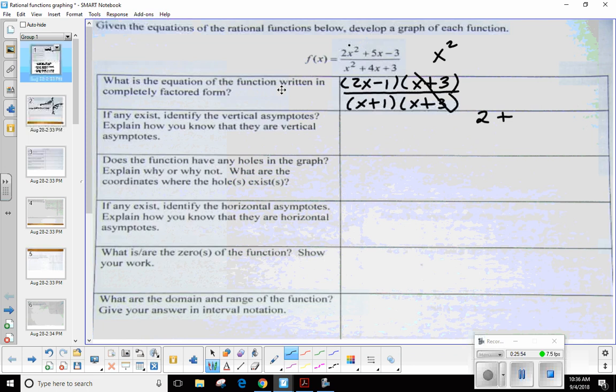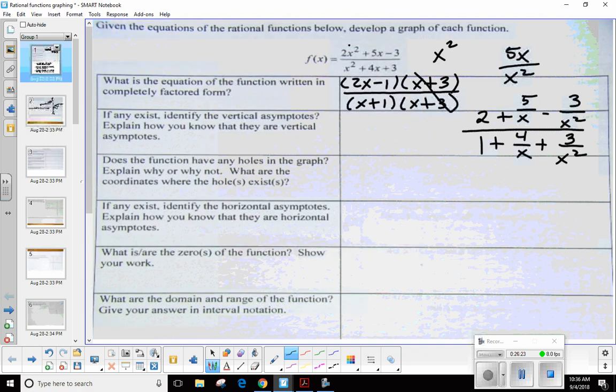Plus 5x over x squared, that's 5 over x, minus 3 over x squared. Is this looking familiar? Did he show you this? X squared over x squared would give me what? 1, plus 4x over x squared, so 4 over x, and then plus 3 over x squared.